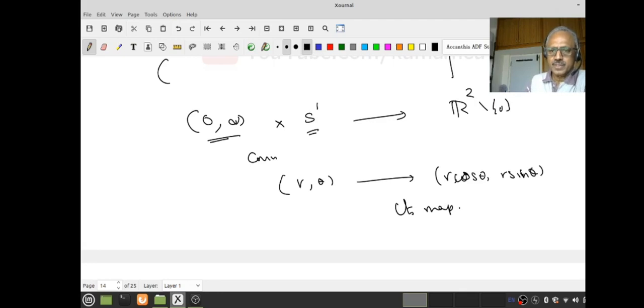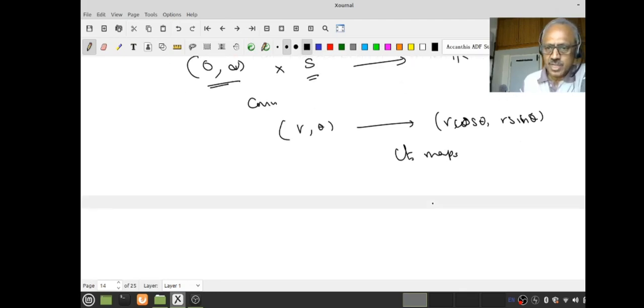Okay, it requires a bit of analysis, but let me just be a little sloppy over that. I will show you a way without being sloppy, even in the Rn case, n greater than or equal to 2. But for the time being I'm just trying to motivate the generalization for Rn minus 0. So that this is continuous, you have to see that (r, theta) going to r cos theta is continuous, (r, theta) going to r sin theta is continuous.